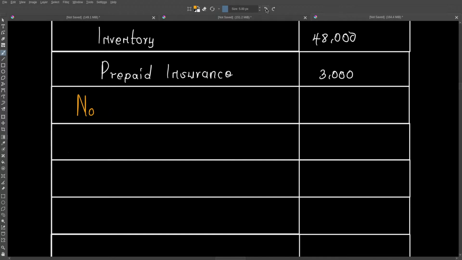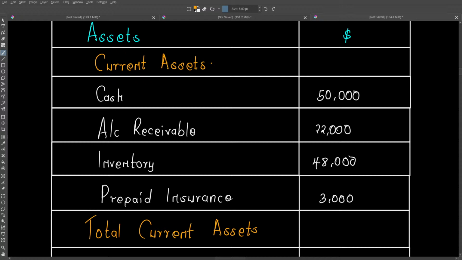Maybe first let us sum the total current assets. Remember, this classification of non-current and current assets is usually done by most companies. Some other companies, like most banks and financial institutions, classify assets by liquidity, depending on how liquid they can become.